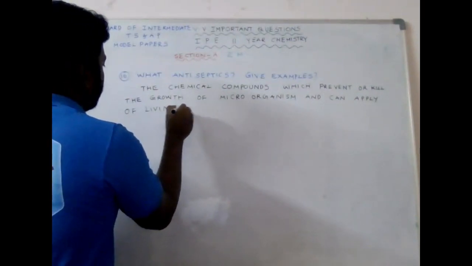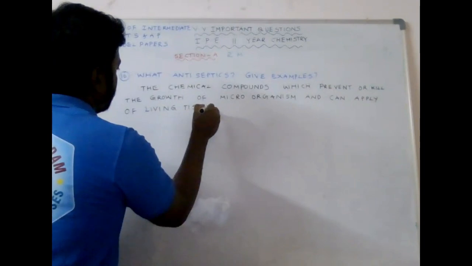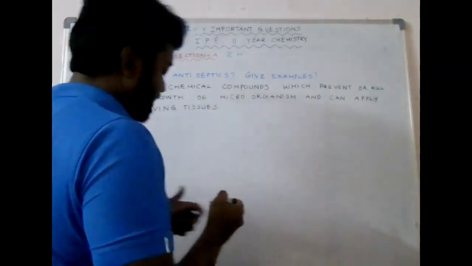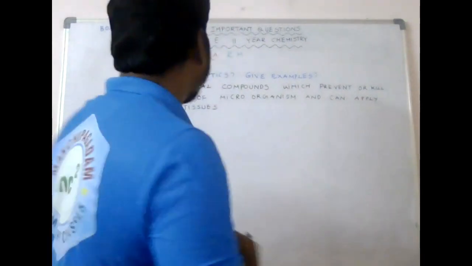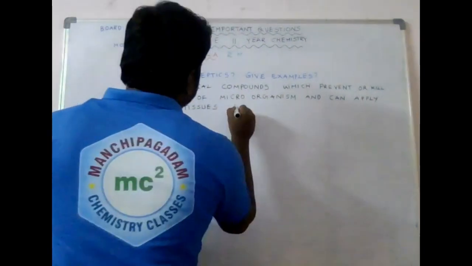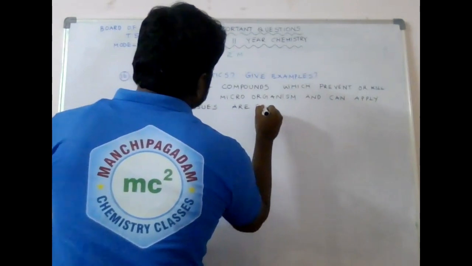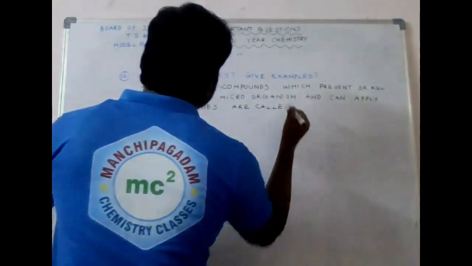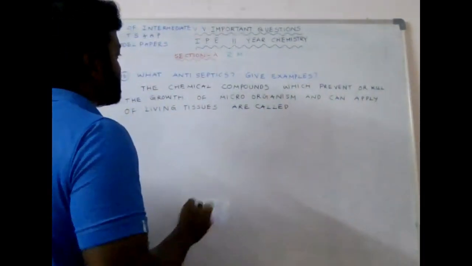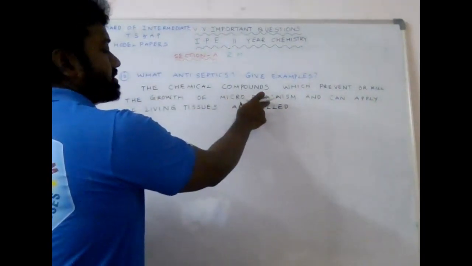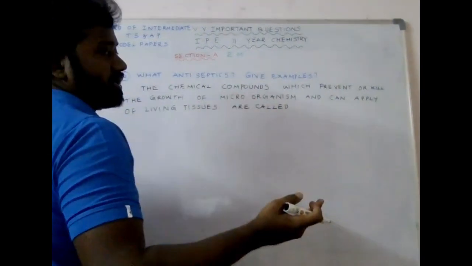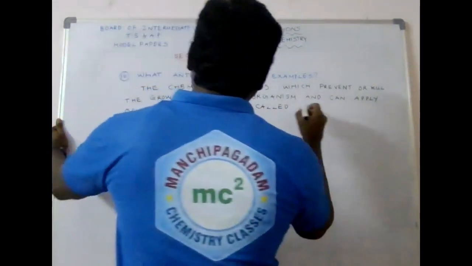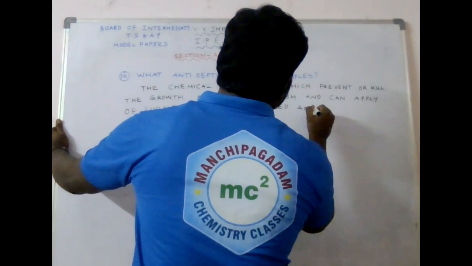Can I apply on living tissues? Right. I told you just now that for skin, wounds and cuts we can use them, and they are called antiseptics. Antiseptic is nothing but that which stops the septic. Septic is because of microorganisms, so we have to stop the growth of microorganisms, right? So those used on living tissues are called antiseptics.